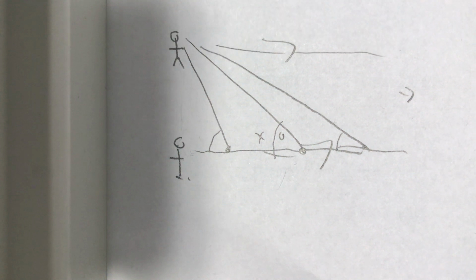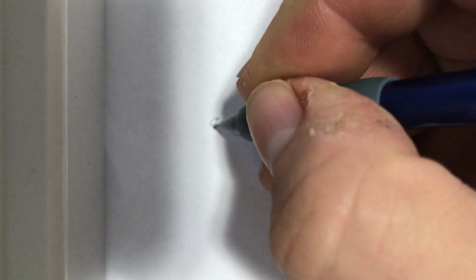Now, for the skeptics out there, I understand, and I can prove it mathematically as well. So now what we're going to do is take observer 1 and observer 2, and let's just say that they're 4 kilometers apart.